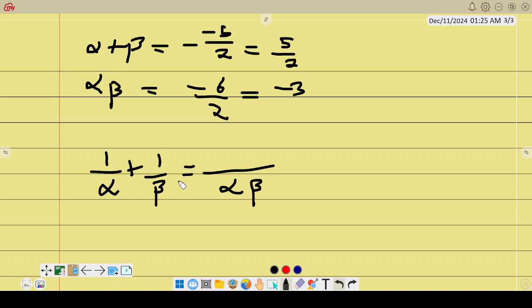Alpha times 1 is alpha, beta times 1 is beta. So where do we have alpha plus beta? Here on top. We're going to have 5 over 2 as alpha plus beta, over alpha beta, which is negative 3. You can simplify further and see the answer you get.